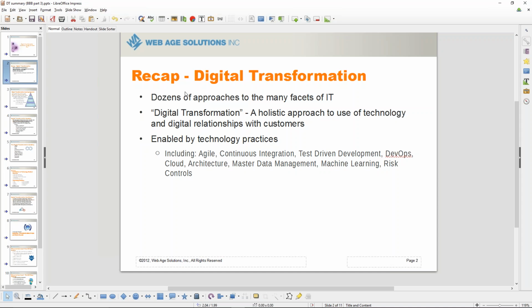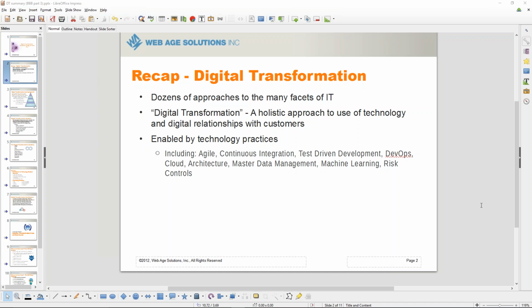Some people, but not all people, when they're talking about agile, include DevOps in agile, or they are trying to talk about DevOps separately from agile. Either way works. And so people are doing agile. People are talking about DevOps.